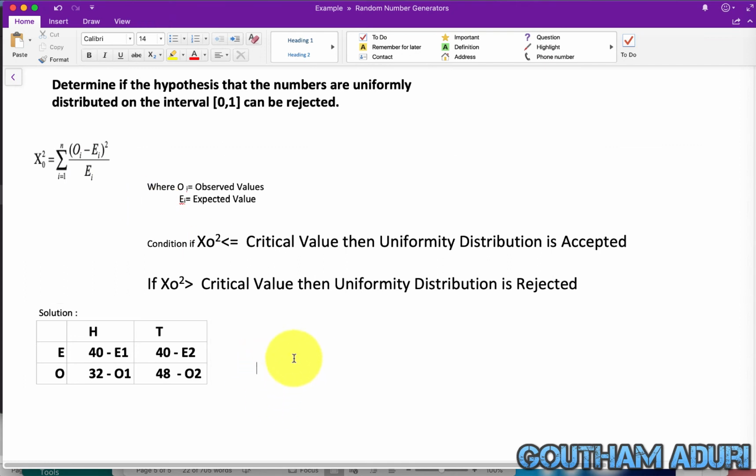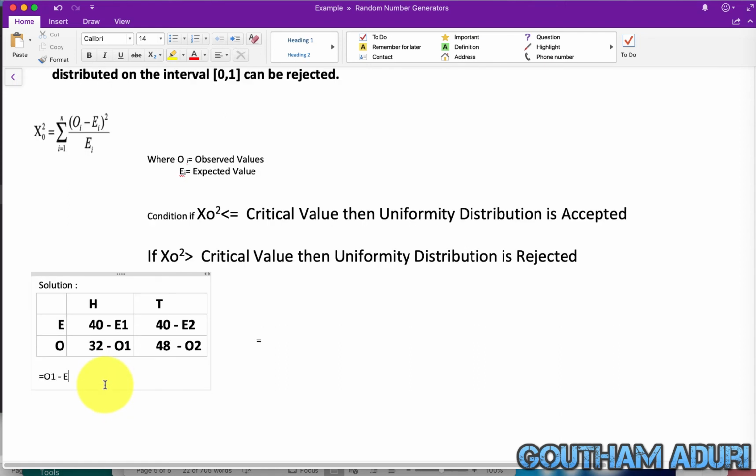So the formula to check the uniformity distribution is the summation of (O1 minus E1) square divided by E1, plus (O2 minus E2) square divided by E2.